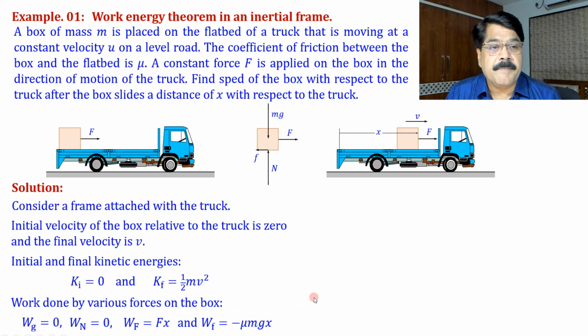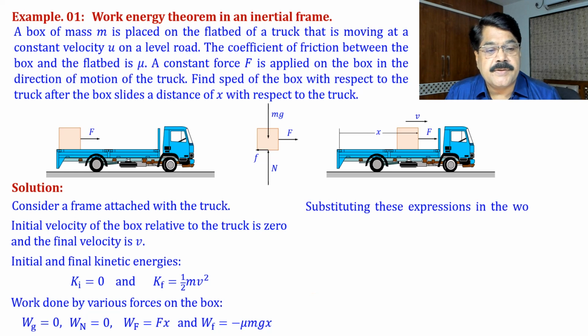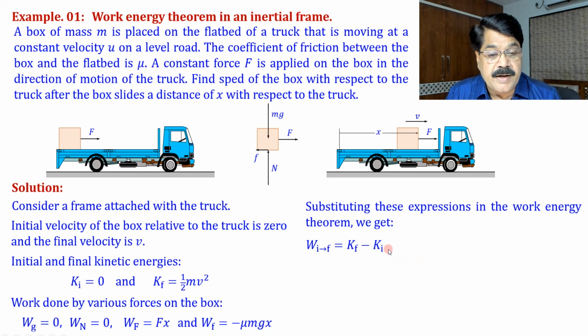Now we substitute these values in the work energy theorem, W initial to final equals K final minus K initial. Instead of W initial to final, we use W_g plus W_n plus W_F plus W_f, where small f represents friction.